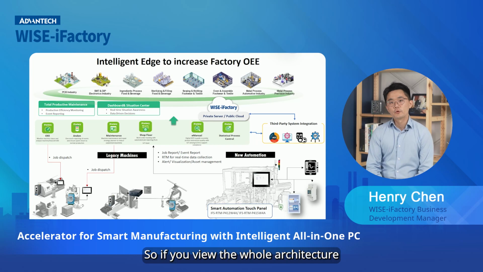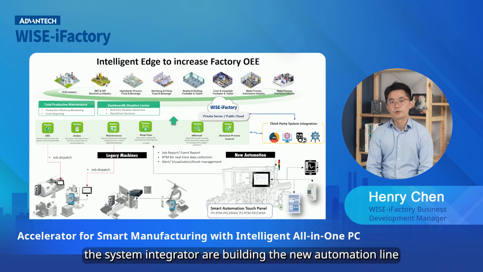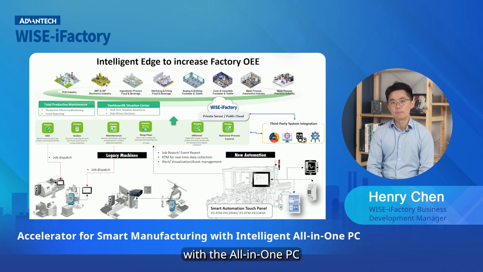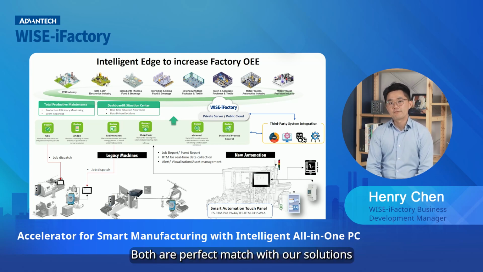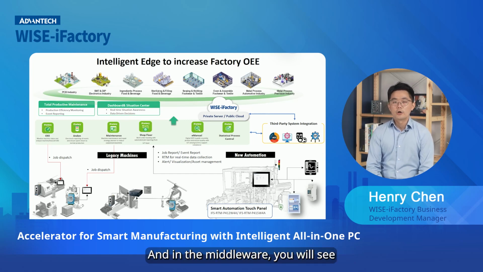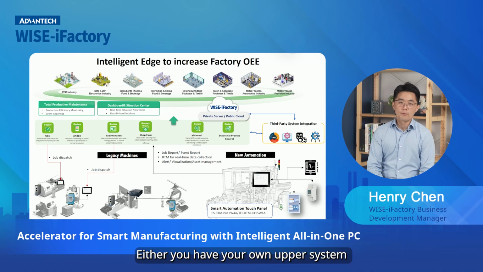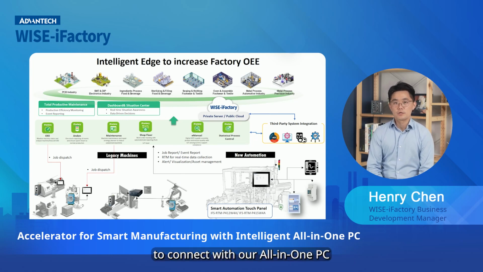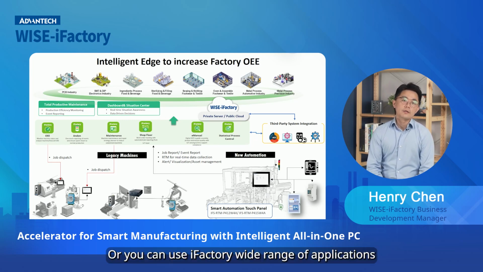If you view the whole architecture, from the ground, the system integrators are building a new automation line, or the legacy machines need to be digitalized with the all-in-one PC. Both are a perfect match with our solutions. In the middleware, either you have your own upper system like MES, ERP, or a line management system to connect with our all-in-one PC, or you can use iFactory's wide range of applications.